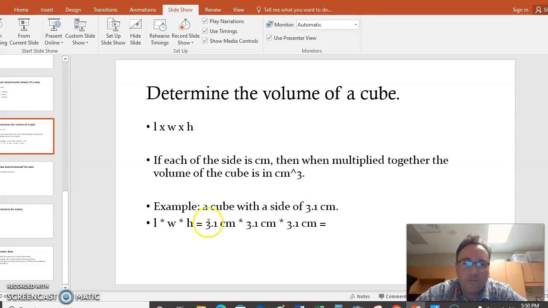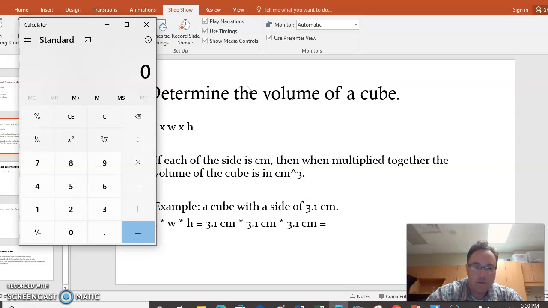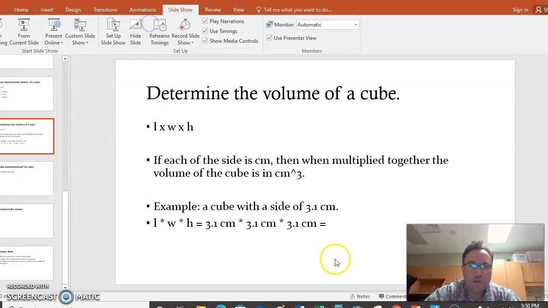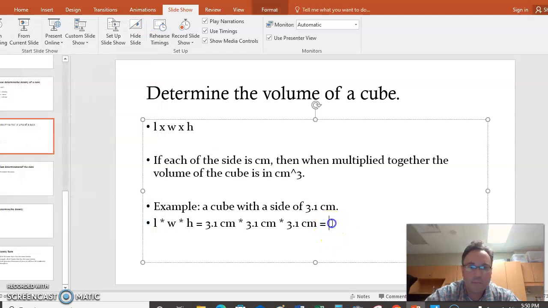So 3.1, so take our calculator. 3.1 times 3.1 times 3.1. So we get 27.0, and this goes to an 8.